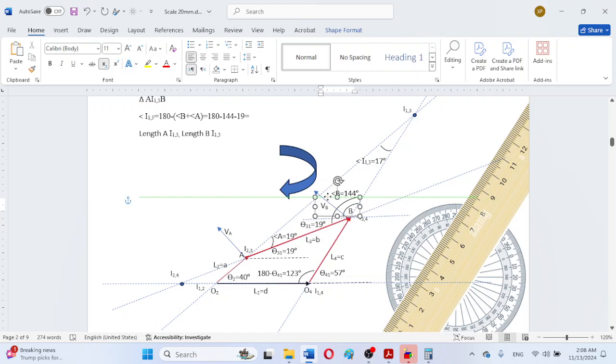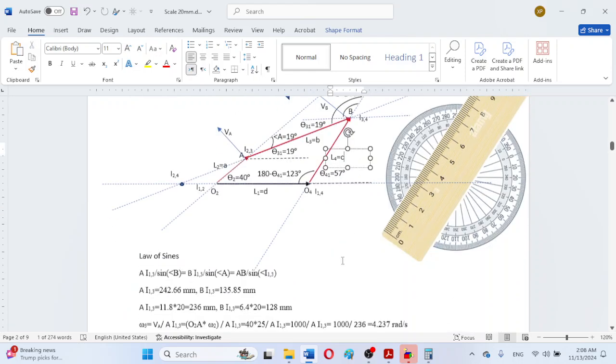So next requirement will be determining the magnitude of the velocity VB.